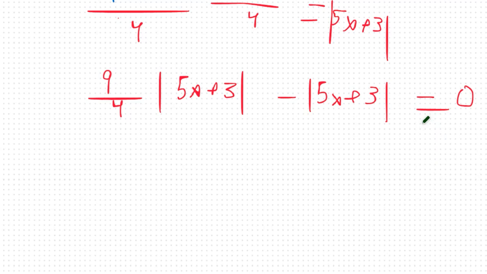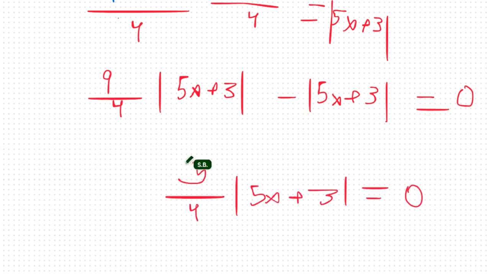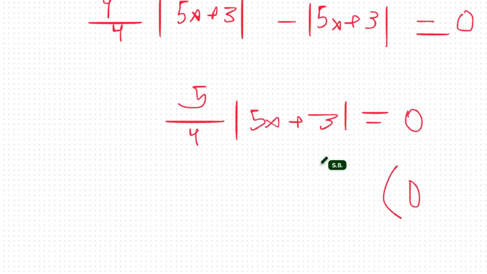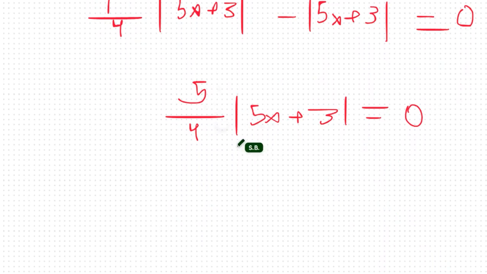So anyway, now what is the answer? It is 0 on the other side. We don't care about this. Basically, you can just cross this out like this.